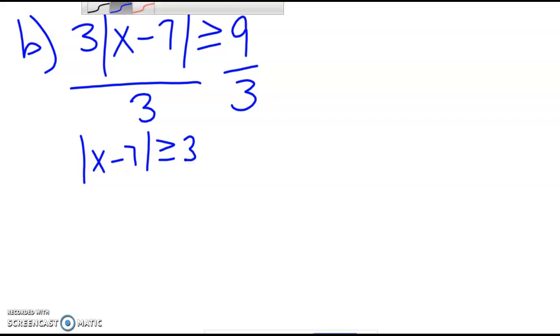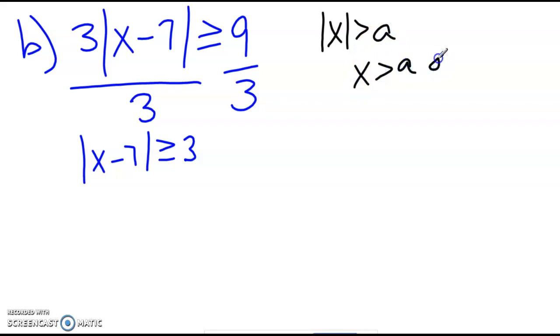And if you remember from the earlier page when we had the absolute value of x is greater than a, then we would say x is greater than a, or x is less than negative a. So this is a greater than, it also is equal to, so we're going to write two inequalities.